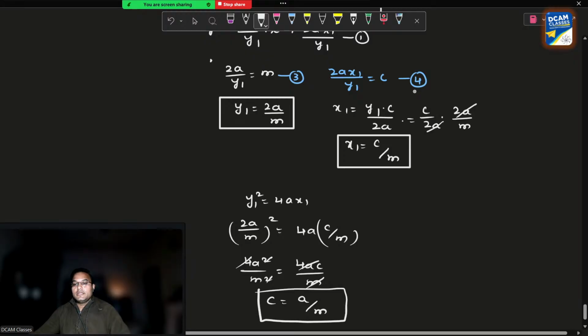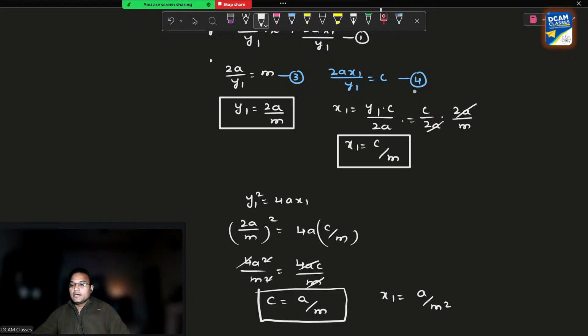Now if I put this value of c in this, I'll get x1 is equal to c by m, which is a by m square, and y1 is equal to 2a by m.